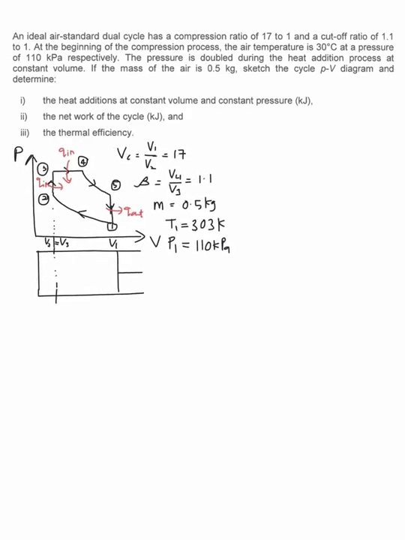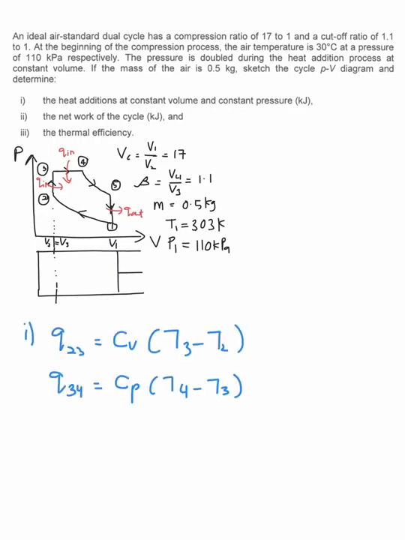Question 1 asks you to find the heat addition at constant volume and heat addition at constant pressure. So you have one heat addition at constant volume, which is Cv times your temperature at 3 minus temperature at 2, and Q34 is at constant pressure, Cp times temperature at 4 minus your temperature at 3.